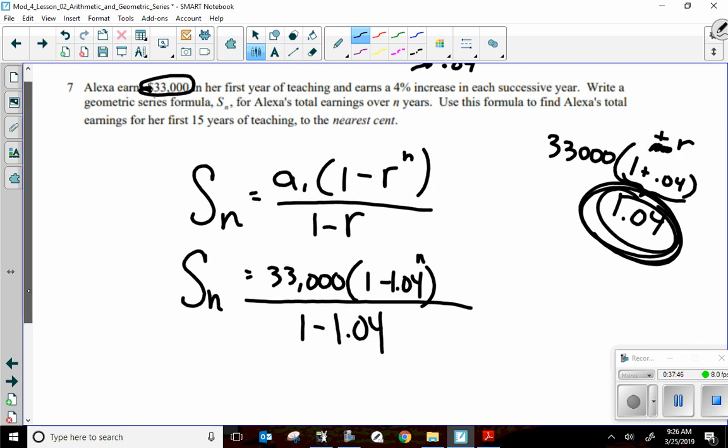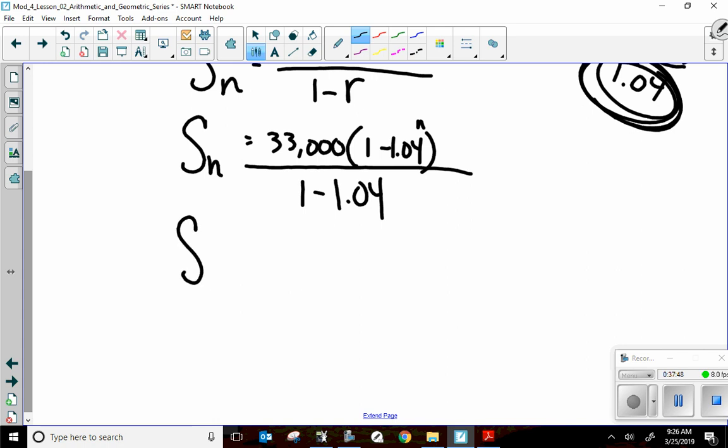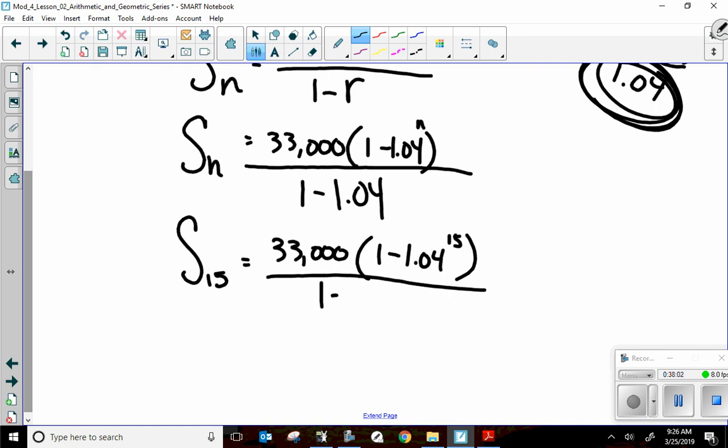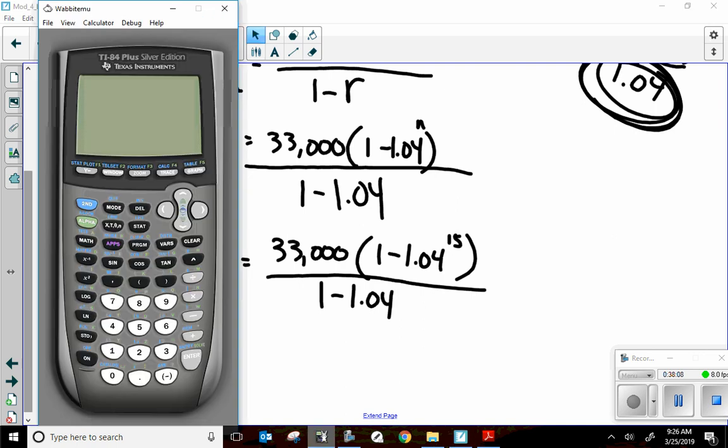So all I'm going to do is throw a 15 in. Okay, I have 33,000 times 1 minus 1.04 to the 15. That's inside the parentheses. All over 1 minus 1.04. And literally just put that in the calculator and hit enter. All right? So, let's turn this bad boy on.